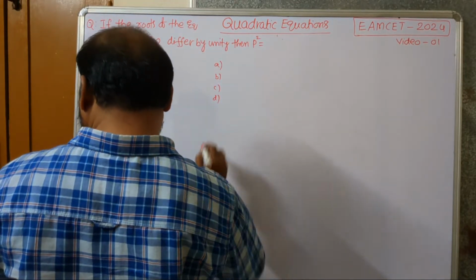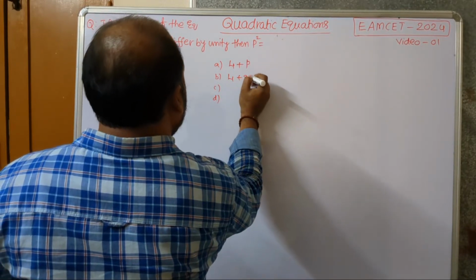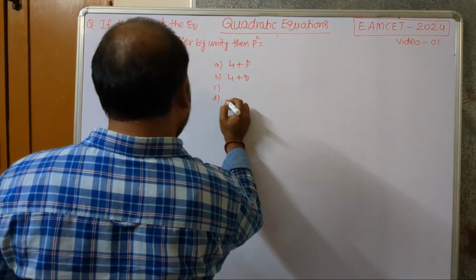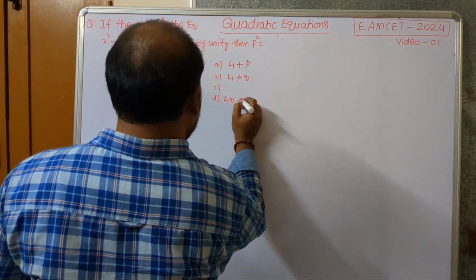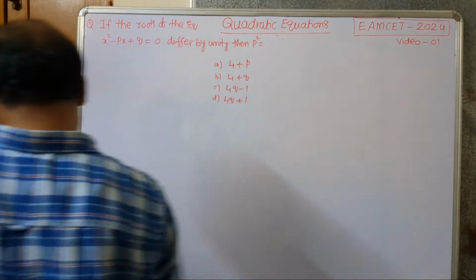The options provided are: 4 plus p, 4 plus q, 4q plus 1, 4q minus 1.